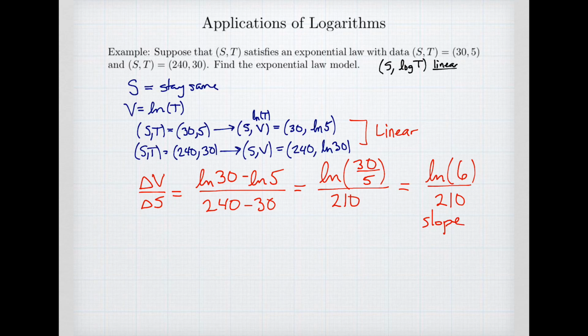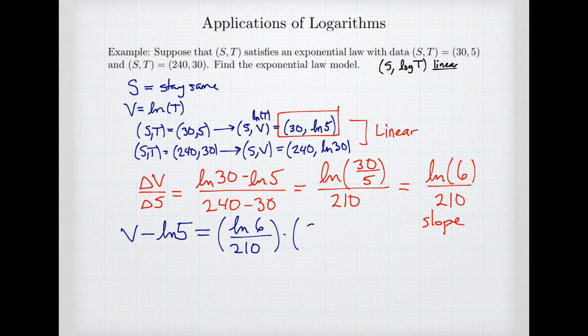And we use a point, so we're going to use a point, 30 and ln 5, and we are able to write down an equation that my dependent variable, v, minus the v value, natural log of 5, is equal to the slope, so that was natural log of 6 over 210, times my independent variable, s, minus 240.